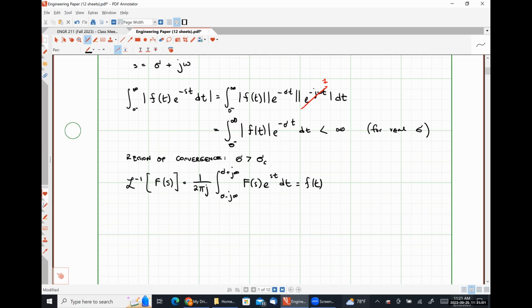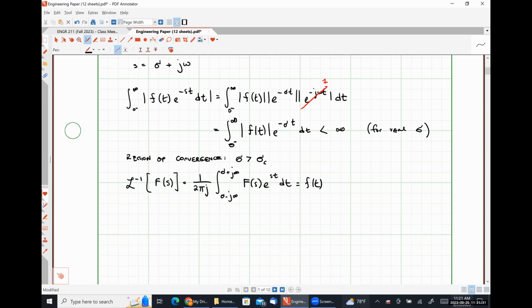So if we are not going to do this terrible integral, what are we going to do? Well, luckily for us, the Laplace transform of a function and the function form a unique pair. So for every individual function f of t, there is a unique Laplace transform F of s and vice versa.